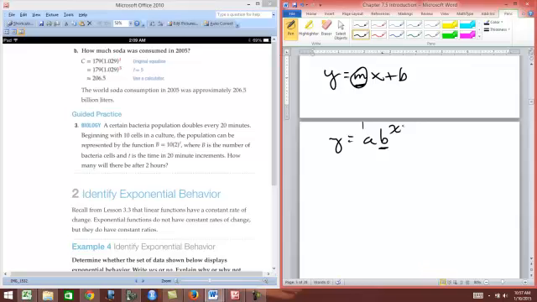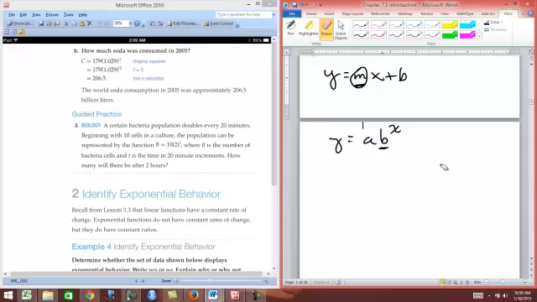So instead of having m times x, where x is the input and we multiply it times m, we take b and raise it to the x power. So this would be the equivalent of m times m times m, to the x power. Very different, and a much faster and nonlinear rate of growth.